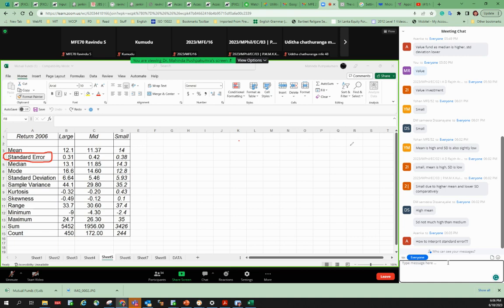Okay. Then one more thing I'm going to highlight here. Now, these are three types of funds.